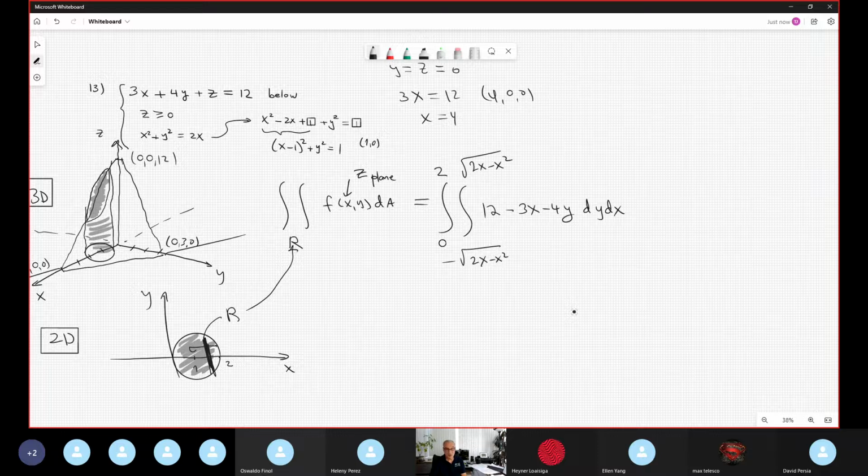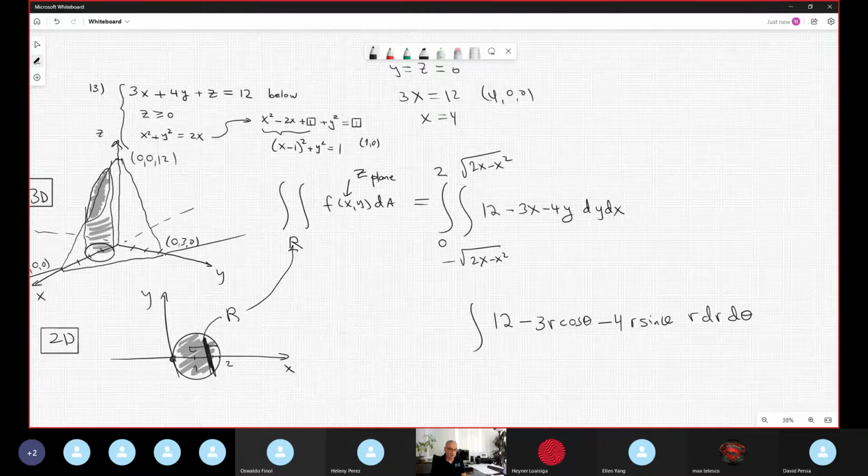However, if you set it up in polar, well, okay, it's 12 minus 3 r cosine theta minus 4 r sine theta, Jacobian r, dr d theta, and r goes from 0 to the r of this circle.